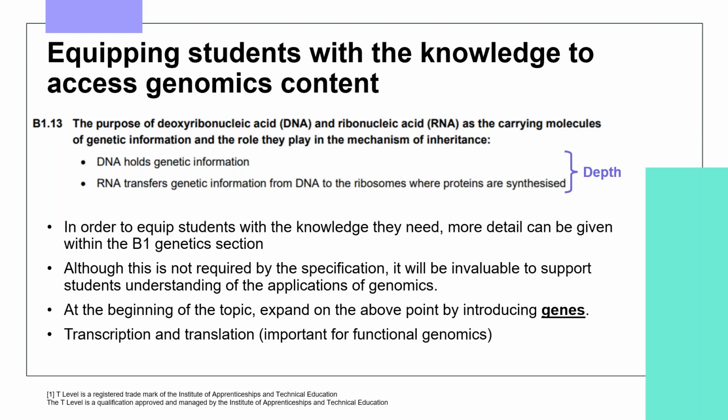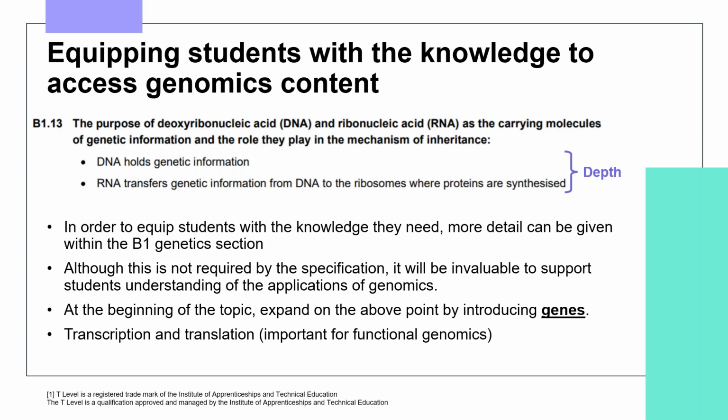So as an initial example, within B1.13, it would be useful to expand on the depth provided here just by introducing the term genes. Quite simply, this can be done by expanding on the first bullet point by saying that DNA holds genetic information within short sections known as genes.